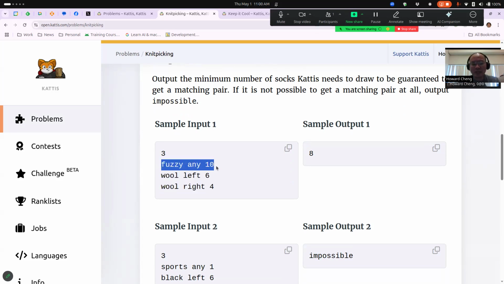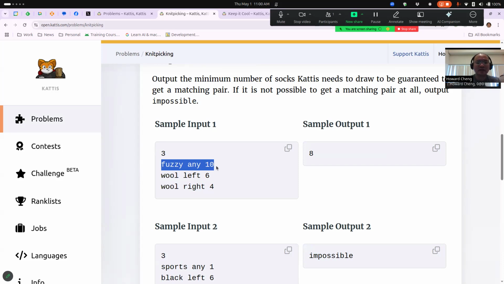Fuzzy, there are 10 of them. Any of them can match any of them. So if you pick 2 fuzzy socks, then they will match. If I want to pick the maximum number of fuzzy socks to ensure that nothing matches, the maximum I can pick is 1. So if I pick up any sock, I cannot pick up 2 of those.